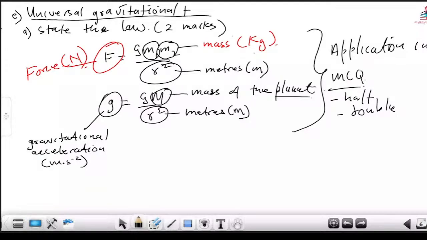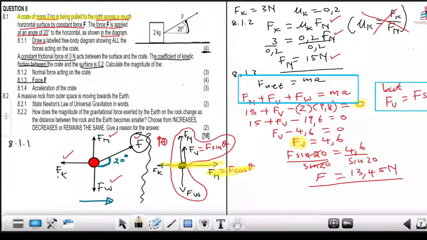I have a nice, beautiful question on Newton's laws that I have here. I'm going to basically explain the question for the purpose of time. This is a previous paper. One object is given.